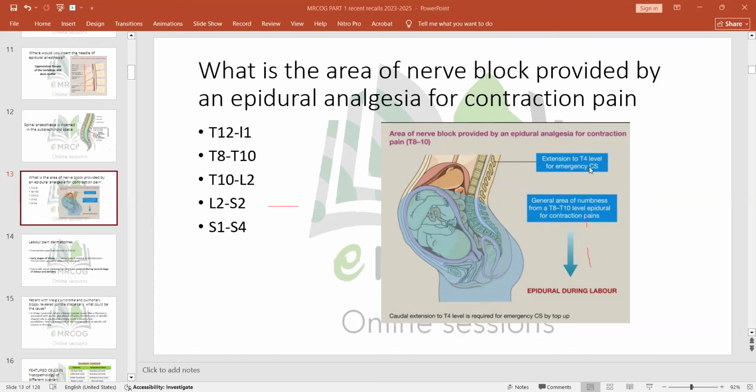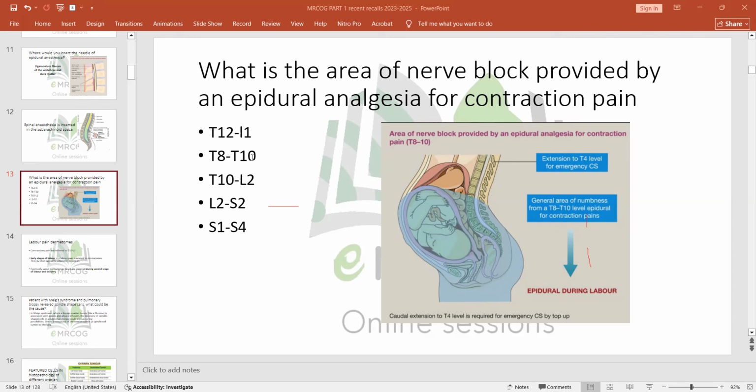Not for all cases, but usually when we need to do a spinal anesthesia, whether it was by epidural or spinal, which we call regional anesthesia. The general term for spinal and epidural is regional anesthesia. Regional anesthesia is going to be inserting the epidural or the spinal needle between T8 and T10.